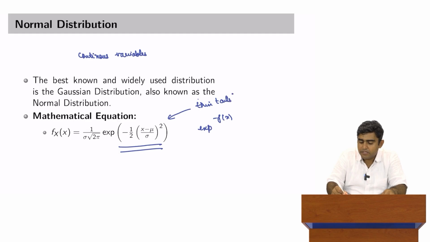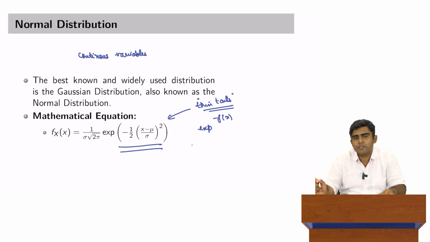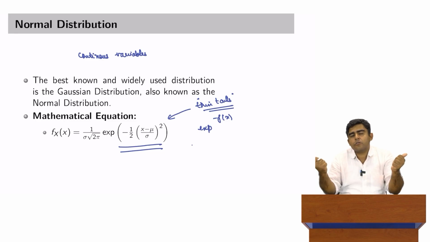That is, the probability of outliers or things far away from the mean would be close to 0. Again, the square here, (x minus mu upon sigma) squared, takes care of the tails on both sides; they decay exponentially. And if we go far away from the mean, the probability of finding certain values of x greater than or equal to those outliers practically becomes 0.